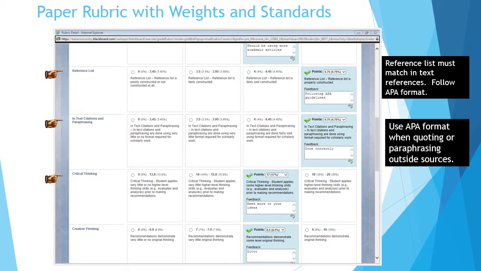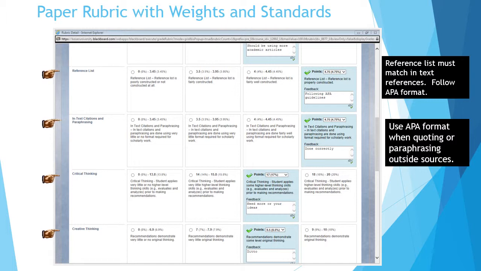Next category, and the next two are kind of related, is critical and creative thinking. Here the idea is you're not just pulling things out of articles that other people have said and posting them in your paper. You're actually analyzing that information and putting it together in a new way.